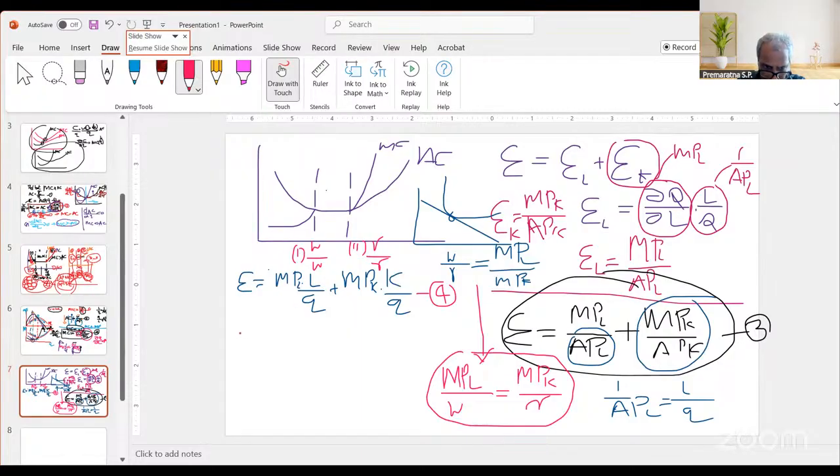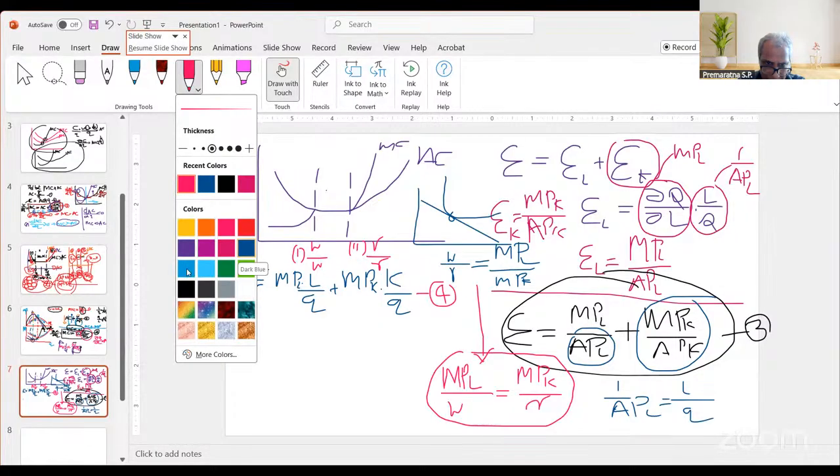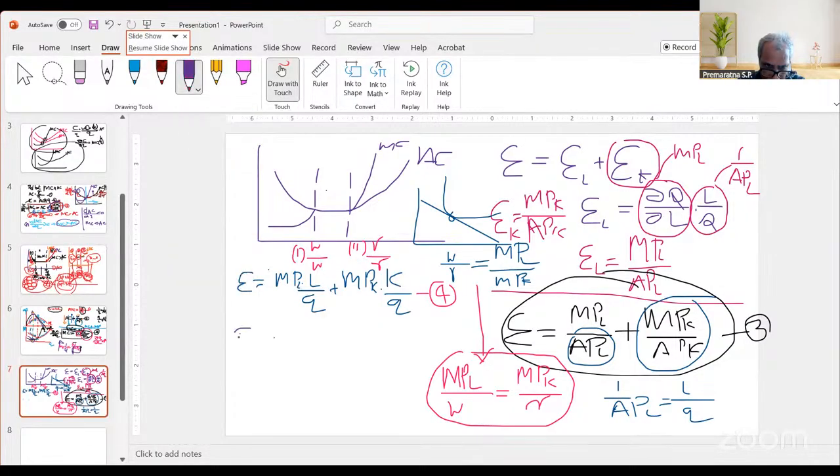So I rewrite here, a little bit rearranged: total output elasticity equals MPL divided by W, that is the new term, and multiply W L divided by Q. Similarly, plus the second part multiplied by R over R. So you get this equation number 5.